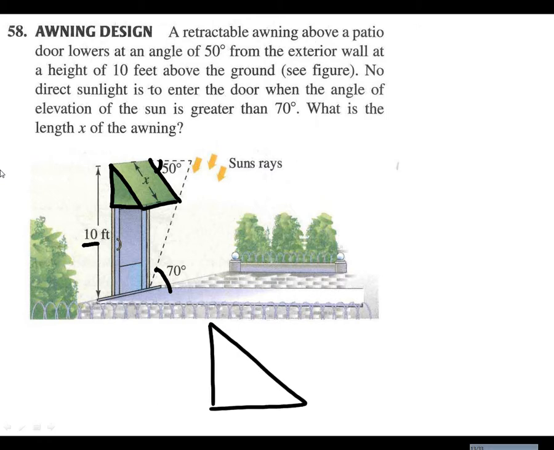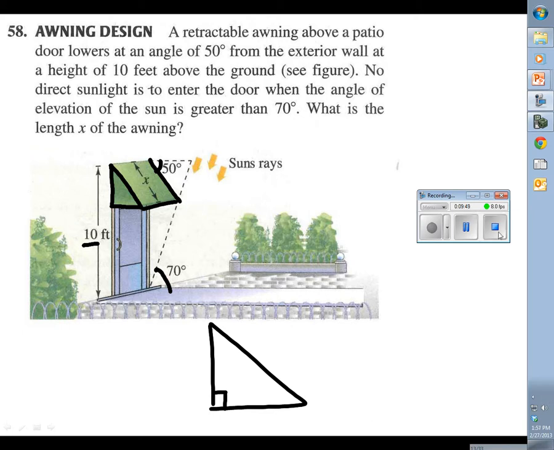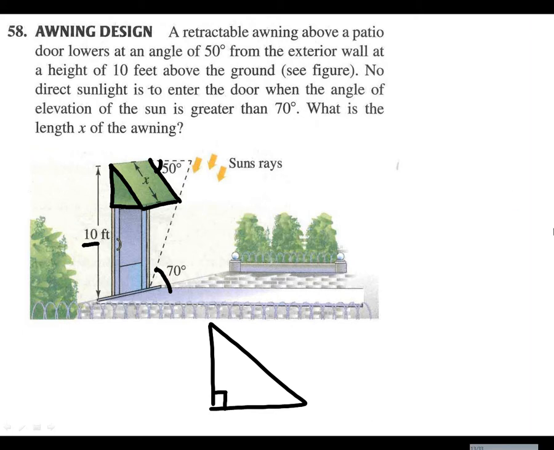This is a right angle, and we have this right triangle, which is here, but it also extends out onto this triangle here, which is really what we're going to want to work with. And we know that this angle here is 50 degrees. If we can find any of the other angles and sides, we're going to be in business, because ultimately we need to find this side x.